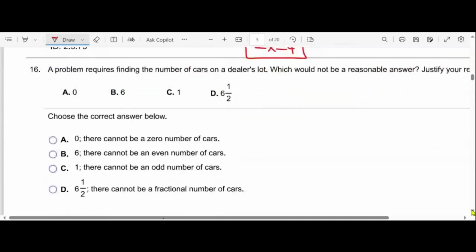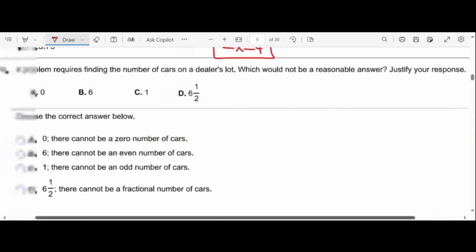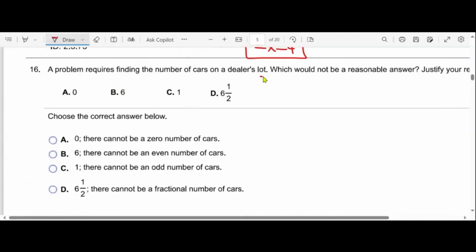Next, Muhammad, read. A problem requires finding a number of cars on a dealer's lot. Which would not be a reasonable answer? Justify your response. Do you understand what dealer's lot means? And do you understand what reasonable answer means? Can the dealer have 0 cars? Bankruptcy. Yes. Can he have 6 cars?